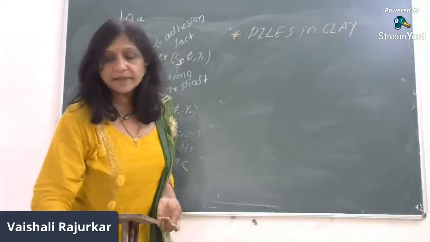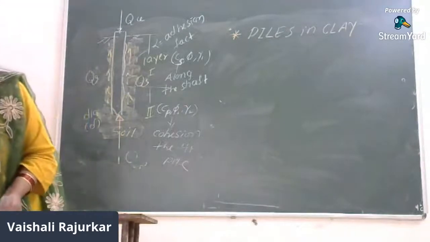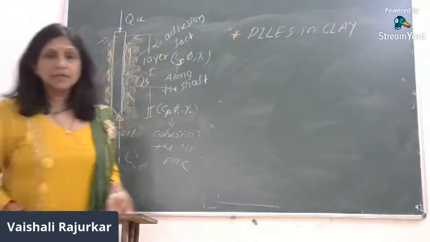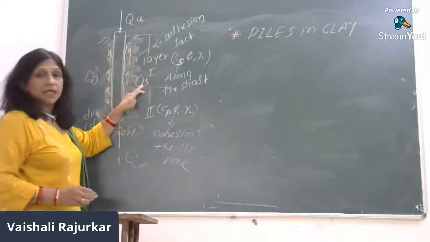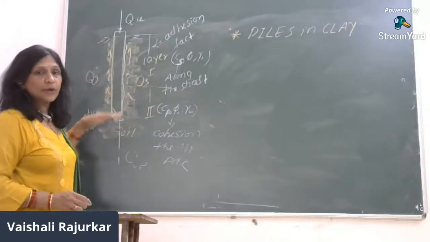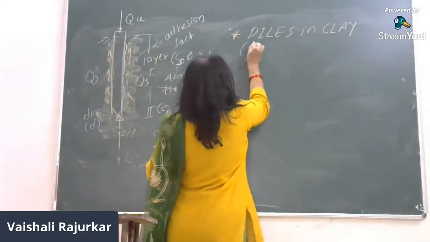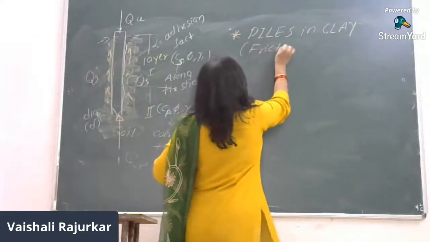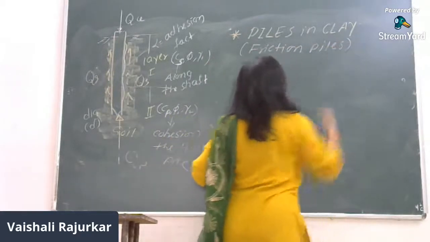When the piles are installed in a clay soil, majorly the piles are friction piles, right? Because in the cohesive soil, this QS has more value as compared to QP. Therefore, these piles are called friction piles.